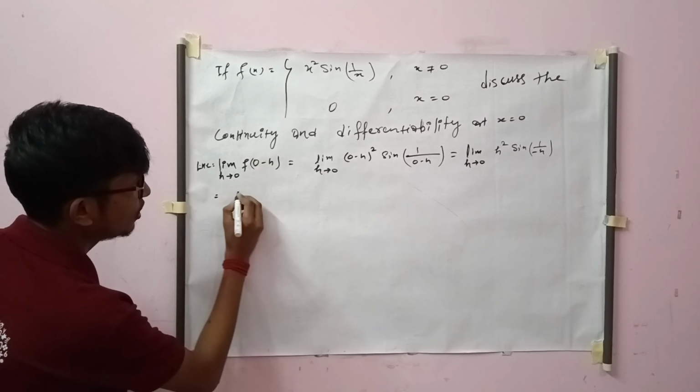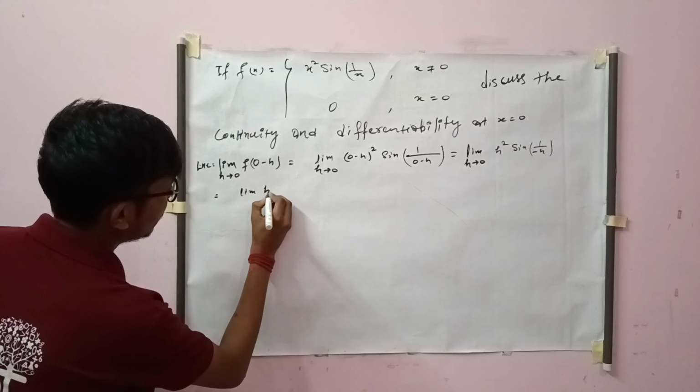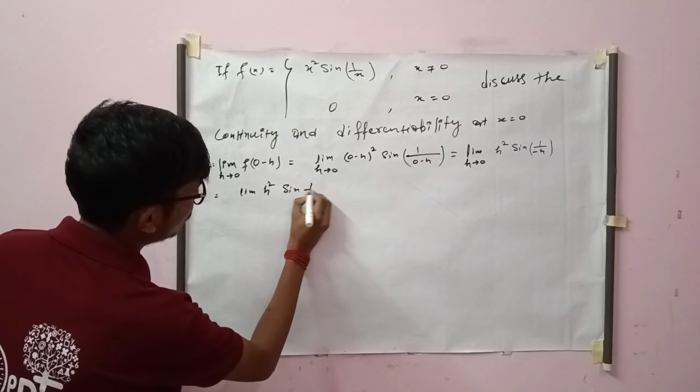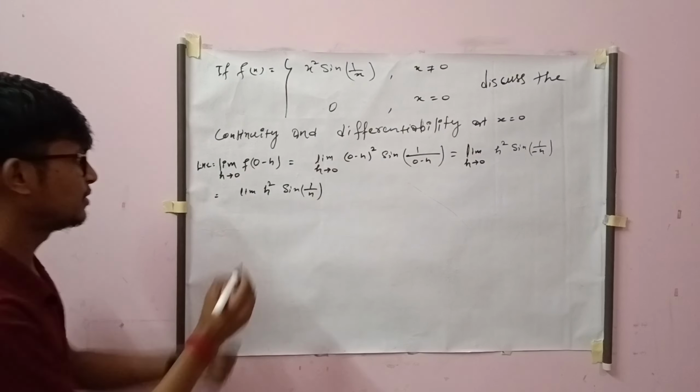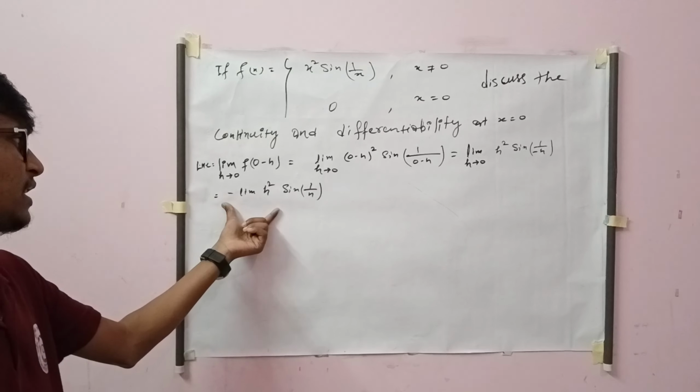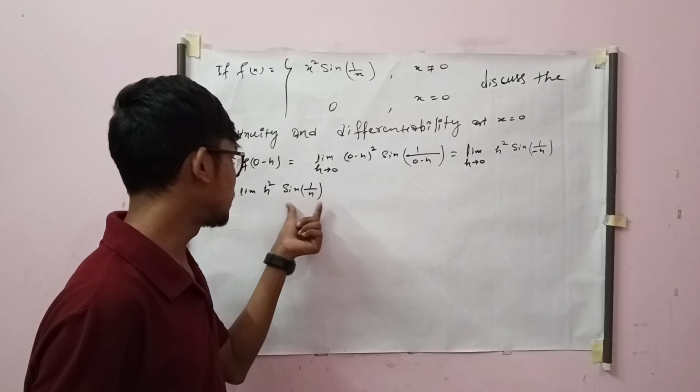Now, limit of h square sine 1 upon h times minus, so we can take out the minus: minus times limit h square sine 1 upon h.